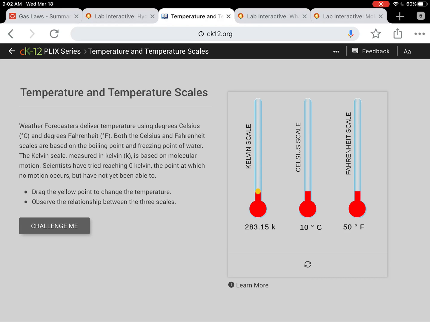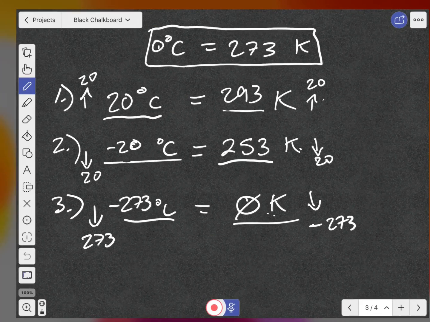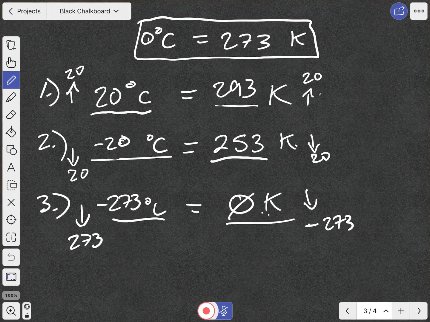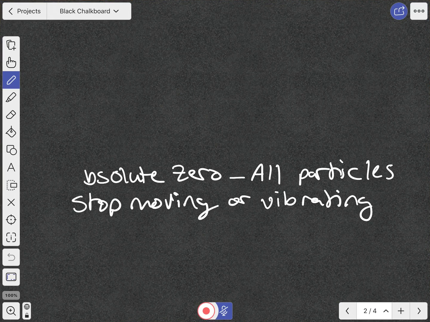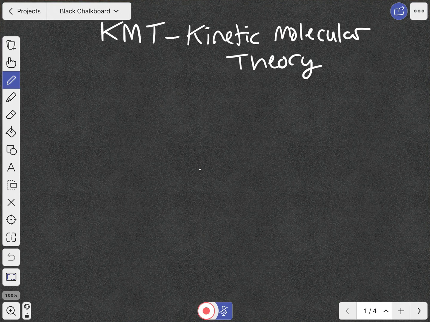All right. So quick recap. 0 degrees Celsius equals 273 degrees Kelvin. If you increase one side, you got to increase the other side. If you decrease one side, you got to decrease on the other. Okay, absolute zero is when all particles stop moving. That is when we are at the true zero, so that's 0 Kelvin.